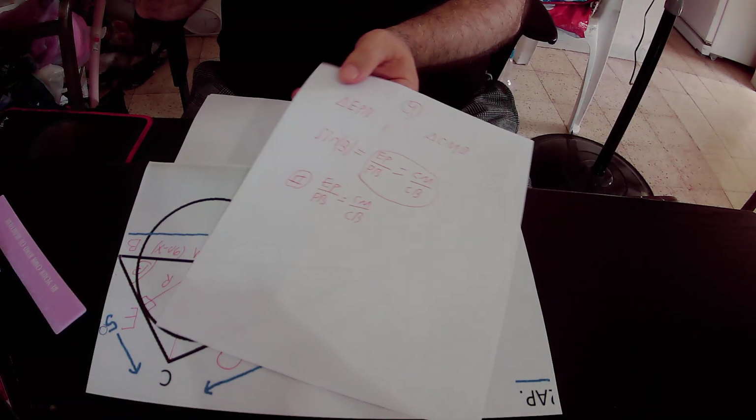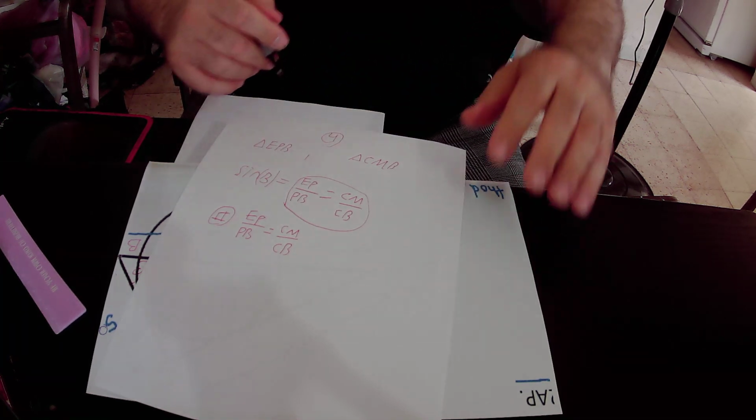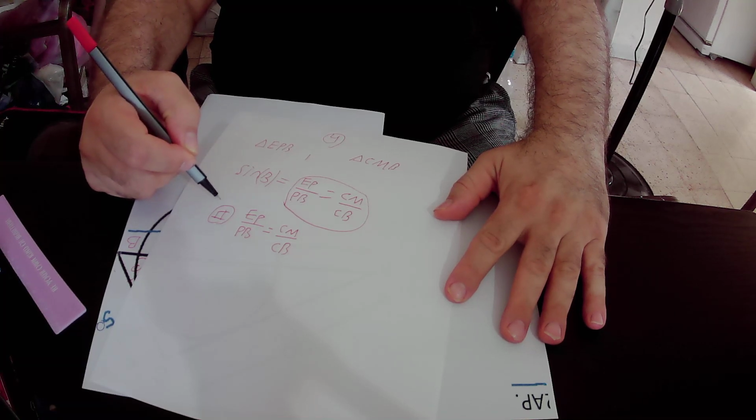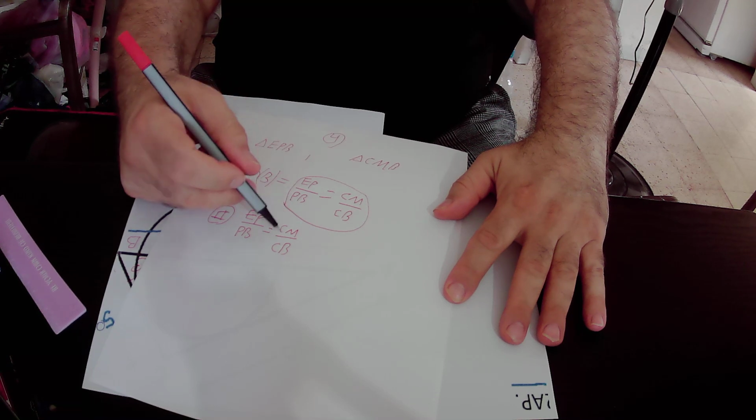I repeat, I copied this equality here and I called it equation number 2, EP over PB equals CM over CB.